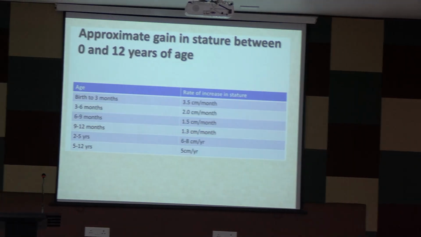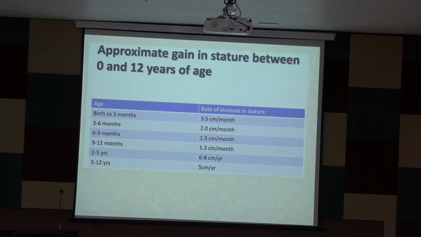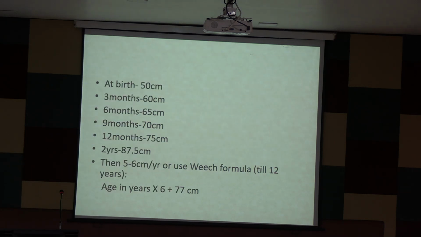This is the rate of growth, rate of gaining height from 0 to 12 years. You can easily see that as the baby is growing, the rate of increase in height is gradually declining. Okay, as I have told you in the slides, this chart is most important, that at birth the average length is 50 centimeter.